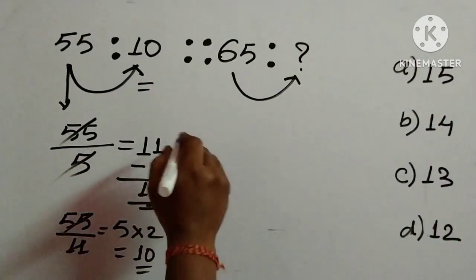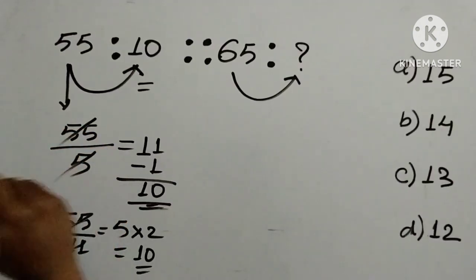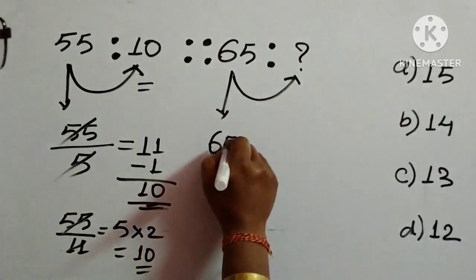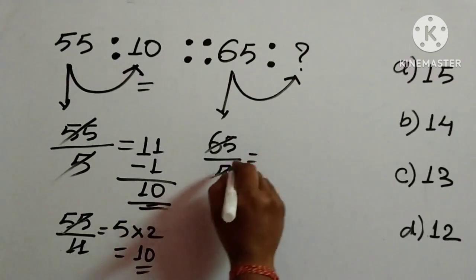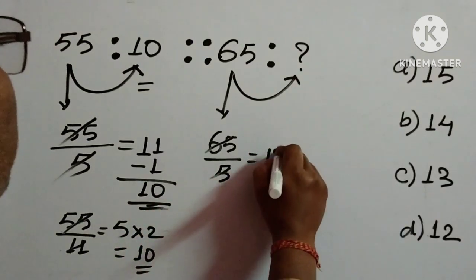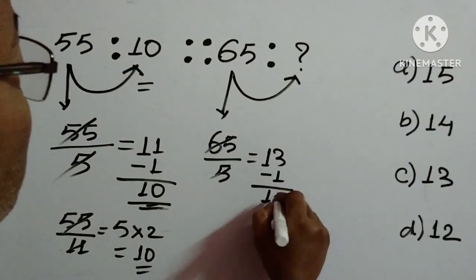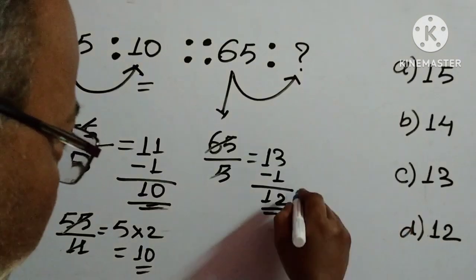So the first process, where we divided 55 by 5, we will take this method. So we will pick 65 and divide it by 5. So it comes to 13, and we will subtract 1 from it. So this is 12.